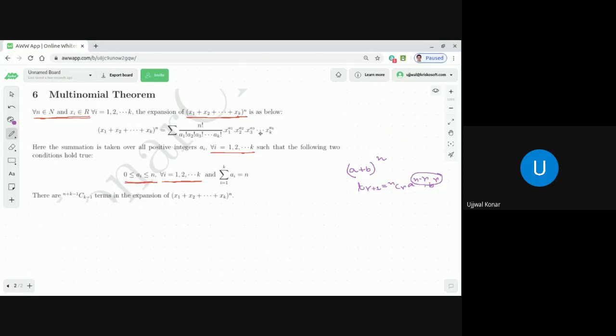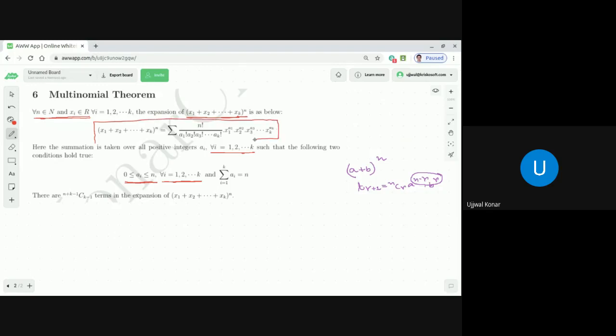Now the thing is, how can we experiment with this? You can just take a small term, (a + b + c)^2. That means (x1 + x2 + x3)^2. You can just experiment with this expansion.